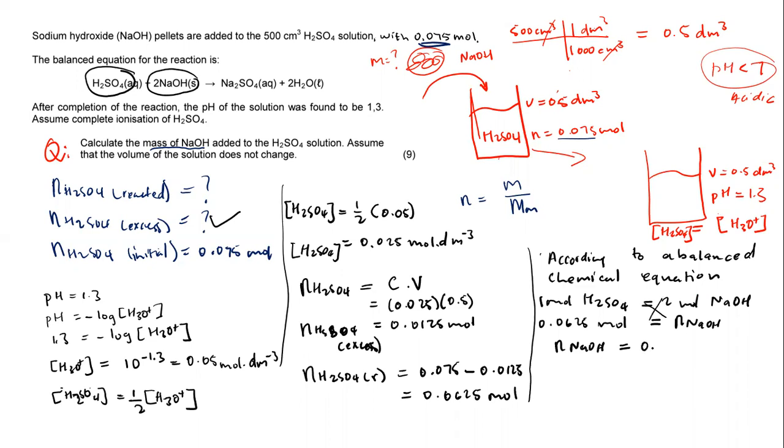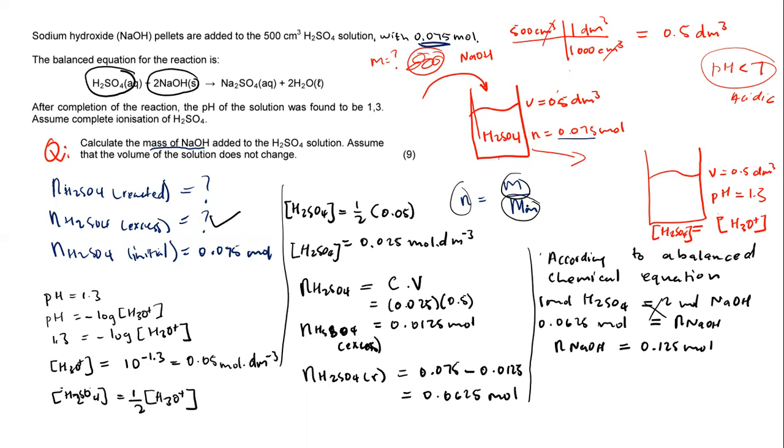I get 0.125 moles. Now I managed to get the number of moles of sodium hydroxide. I can get the molar mass of sodium hydroxide and determine the mass. Let me go to the next page.